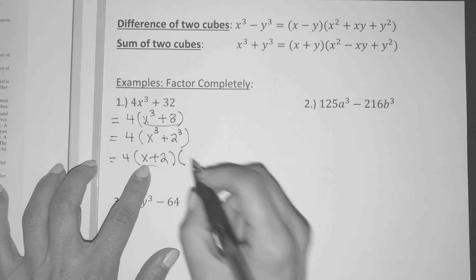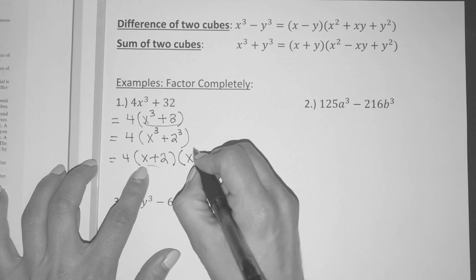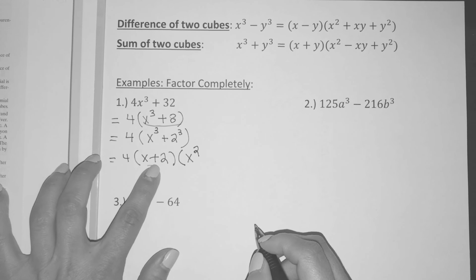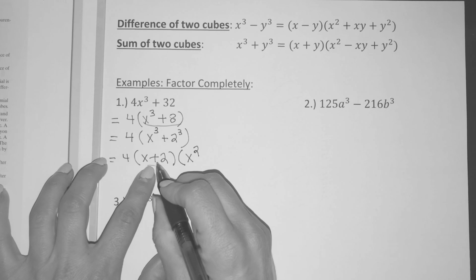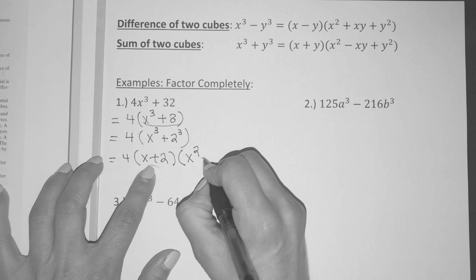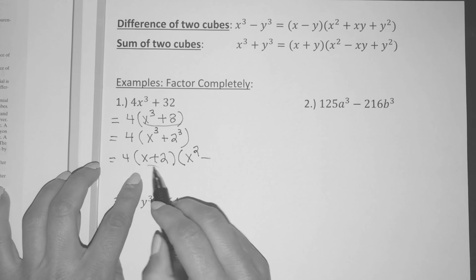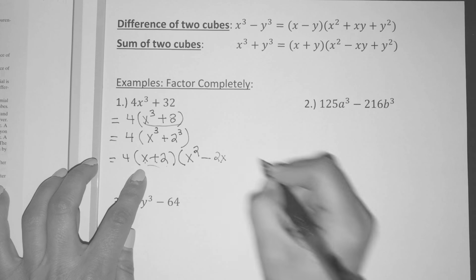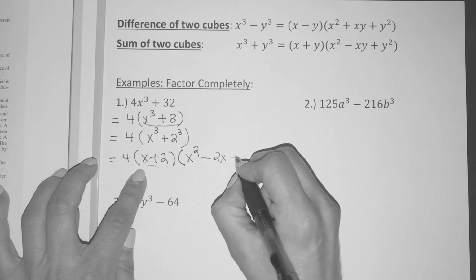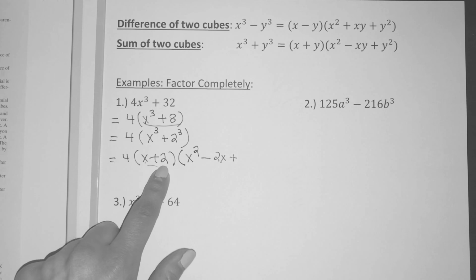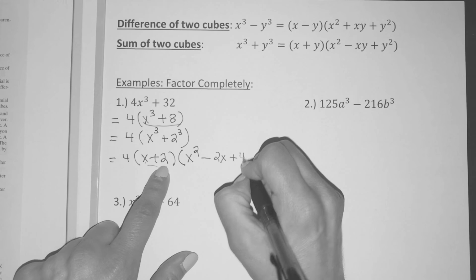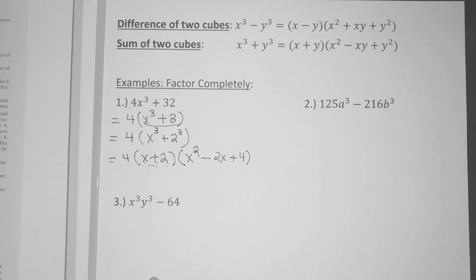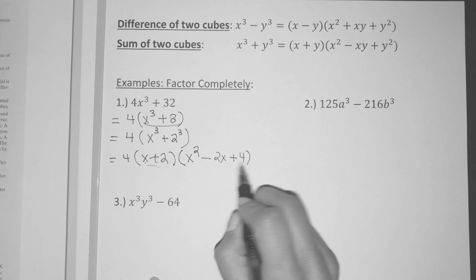You're going to square that first term, so that makes it x squared. It should be the opposite sign of whatever is here, which in this case is minus. Then we multiply x and 2 together, we get 2x. The last sign is always positive, and you have to square the last term. And this is now completely factored. We cannot factor the trinomial.